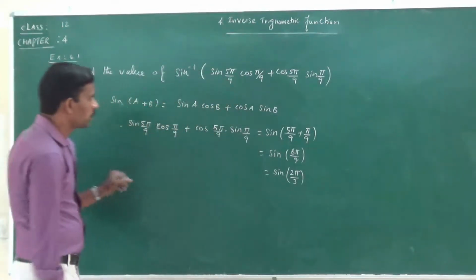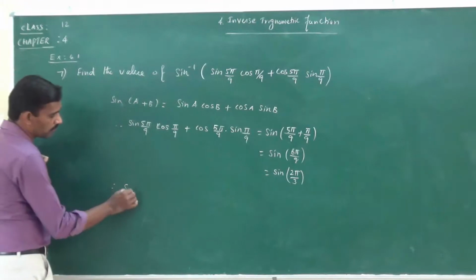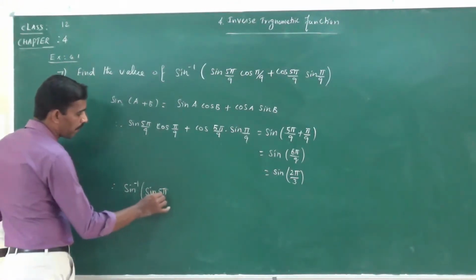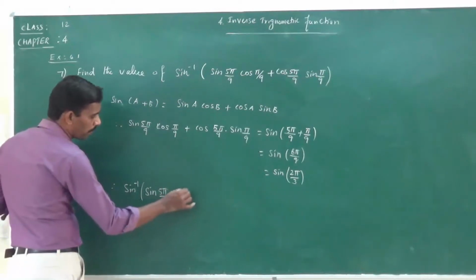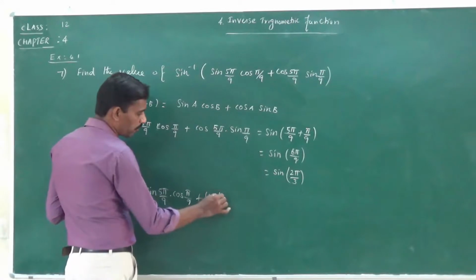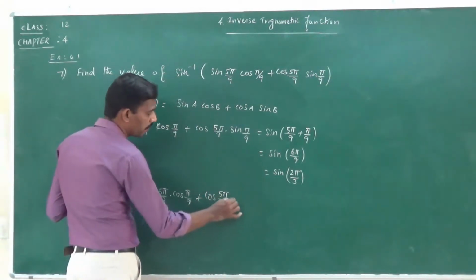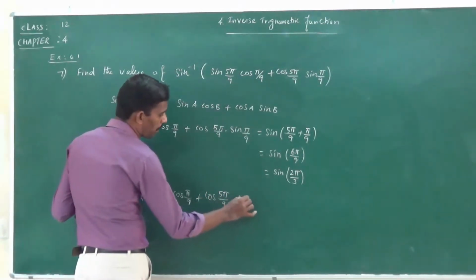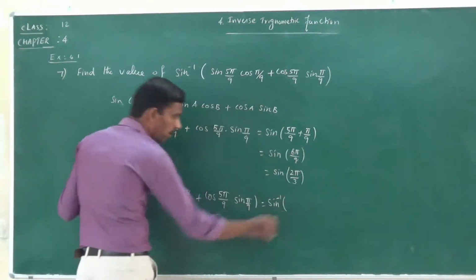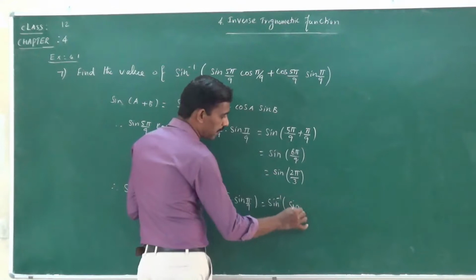Okay, now you see the question. Therefore, sine inverse of sine 5 pi by 9 into cos 5 pi by 9 plus cos 5 pi by 9 into sine 5 pi by 9 is equal to sine inverse of sine of 2 pi by 3.